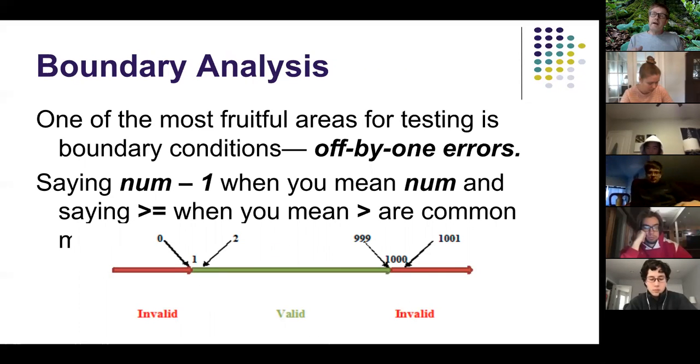Again, we talked about this before, but with boundary errors, you always want to look at your boundaries and test around them, because that's a common place for errors. Maybe you used a less than instead of a less than or equal to, or a greater than or equal to instead of a greater than, or maybe you just compared it to the wrong number by 1.